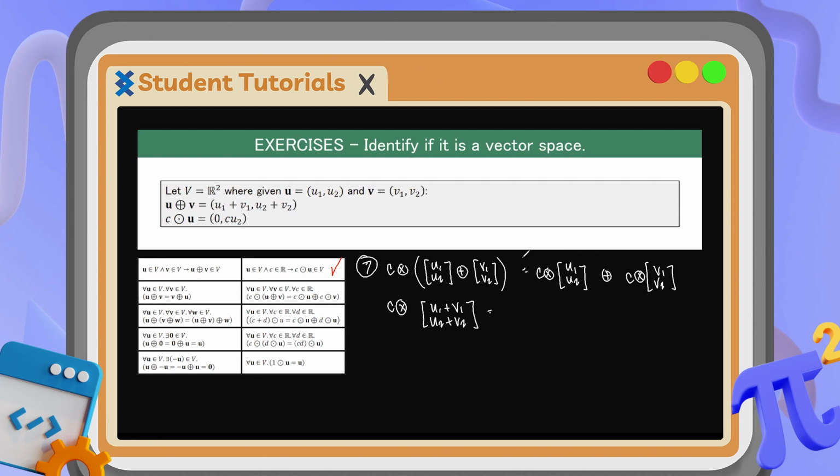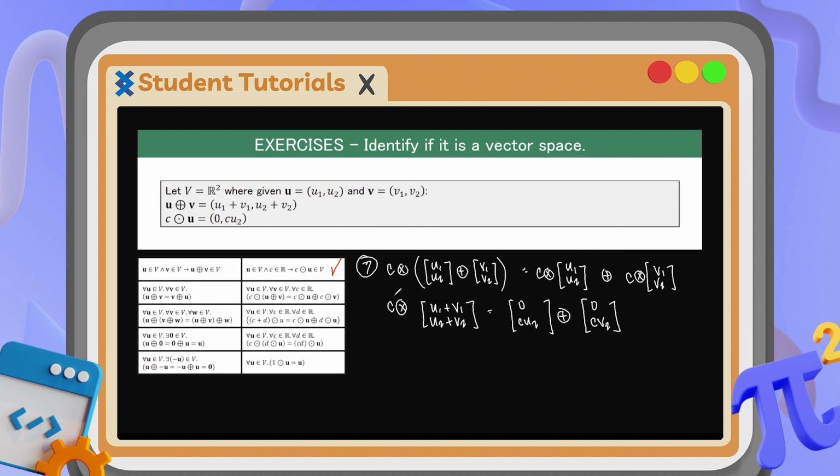Applying the rule on scalar multiplication, this gives us first (0, c times u sub 2). Then apply vector addition to the next element, (0, c times v sub 2).